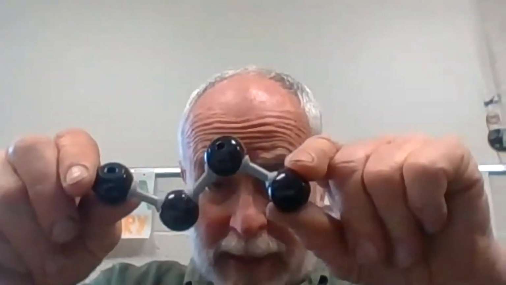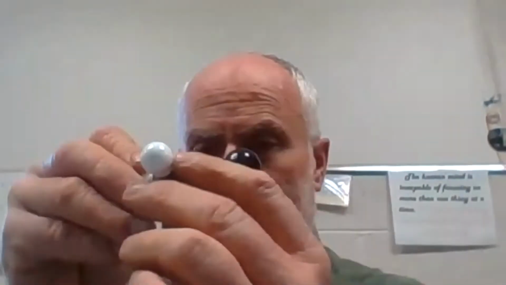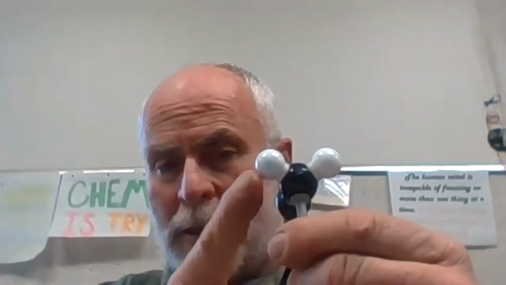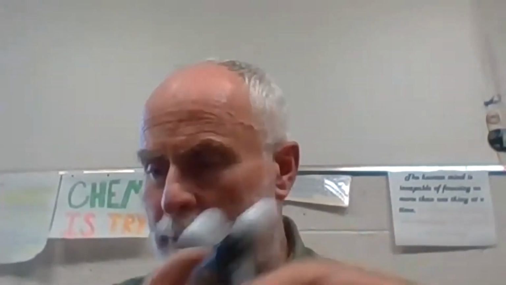I'm going to take it off, but I'll show you really quickly that if I put another C on here, you can see that it is zigzagging. But the picture I had on the screen a minute ago was just 3 C's. So a C, and the white balls are H's. So I've got a C with 2 H's.